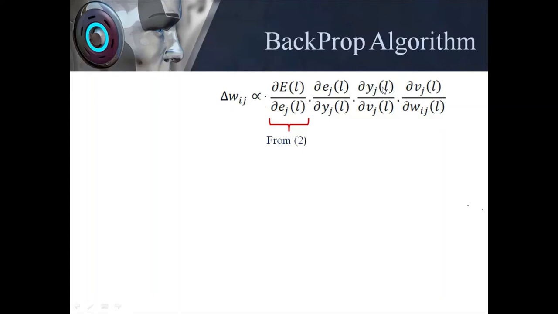The partial derivative of the output value yj can be computed with respect to the weighted sum of all the inputs coming to the jth neuron, that is vj. And this vj can be differentiated with respect to the weights of the interconnections coming to the jth neuron, which is the focus of the weight update.